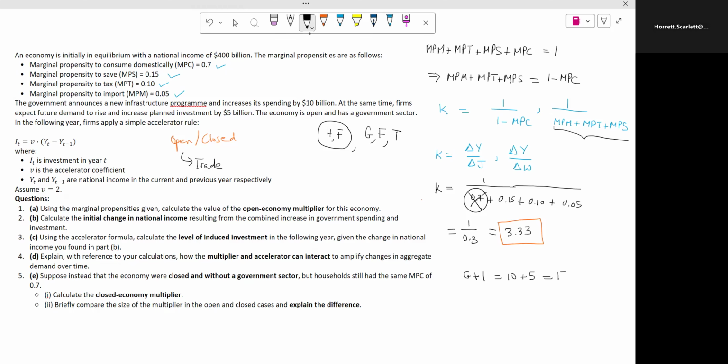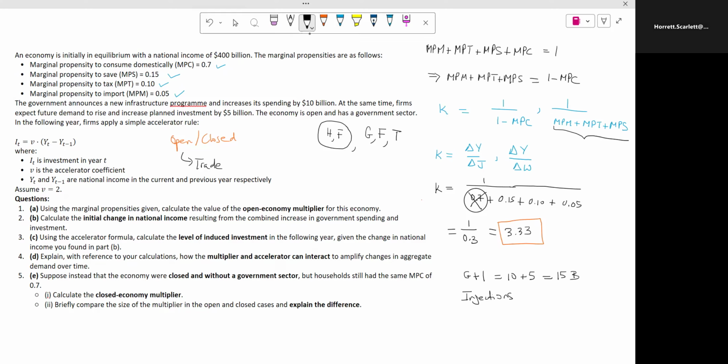So this tells us that there is a total of $15 billion, which are now coming into the pipeline. And this is coming into the pipeline as injections. Remember, these are not funds which are generated through factor income, but they are coming into the system. Therefore, they are going to be injections.